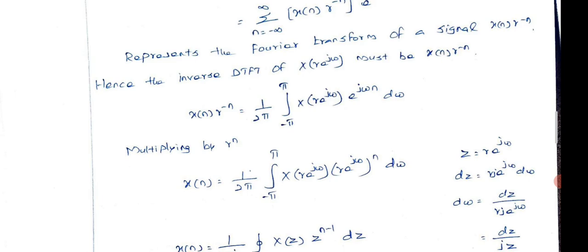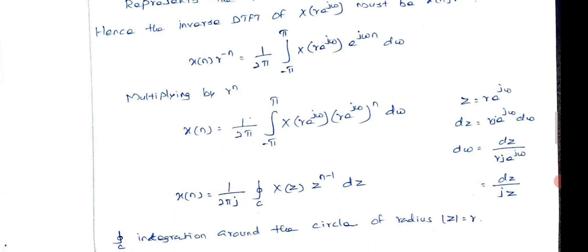We know that z is equal to r into e power j omega. So dz, the differentiation of z with respect to omega, is r into j into e power j omega d omega. We want to find the d omega value, so d omega is equal to dz divided by r j e power j omega. We know that r into e power j omega is equal to z, so we can substitute these values in this equation.